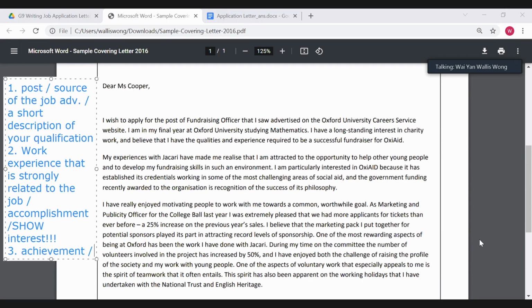Let's say that I'm looking at 100 CVs or application letters. By just looking at the application letters, I feel interested to meet you. How? This is the way you write the application letter: achievement plus elaboration.